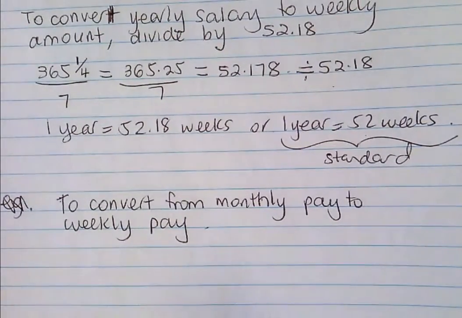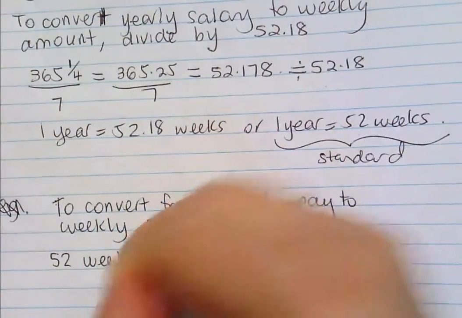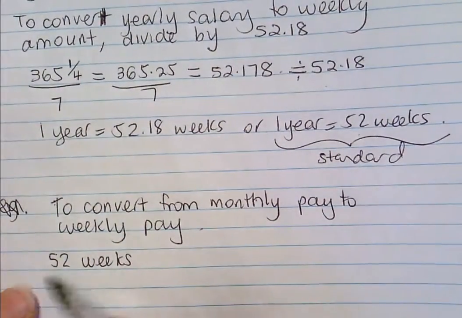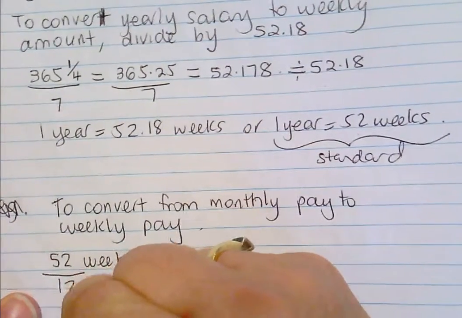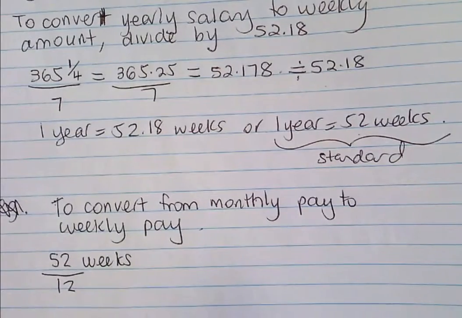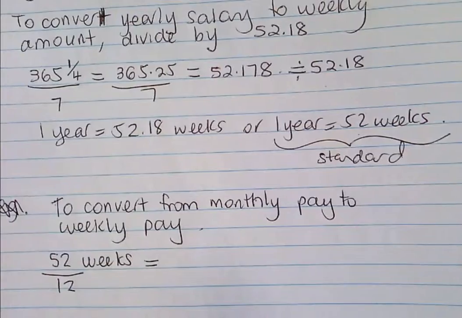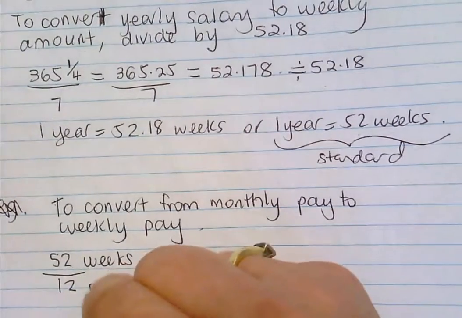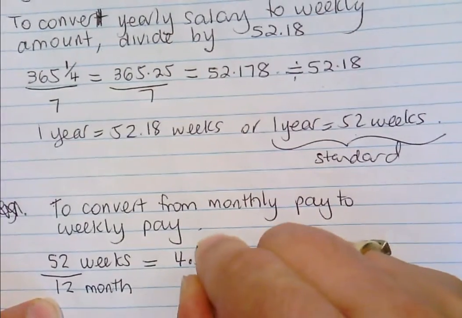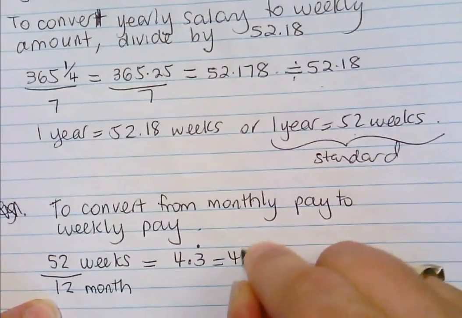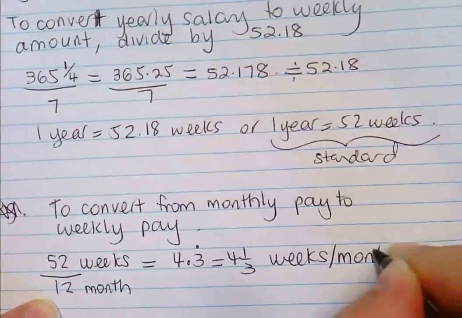Because we know that there are, I'm not using 52.18 here, approximately 52 weeks in a year, and there are 12 months. So I'm trying to see how many weeks go into each month. 52 weeks divided into 12 months is 52 over 12, which is 4.3 recurring, which is 4 1/3 weeks per month.